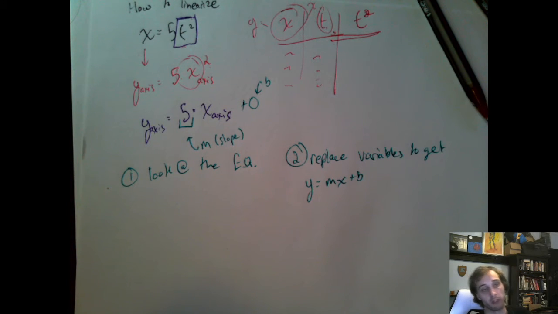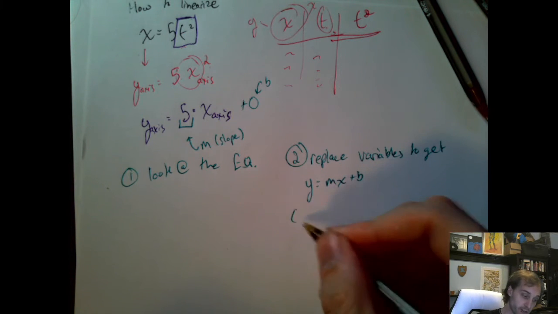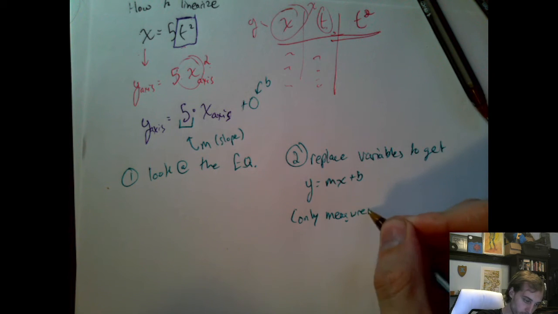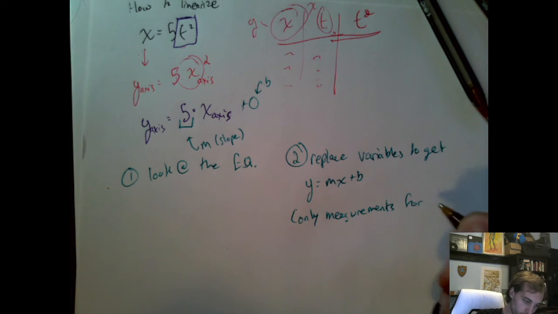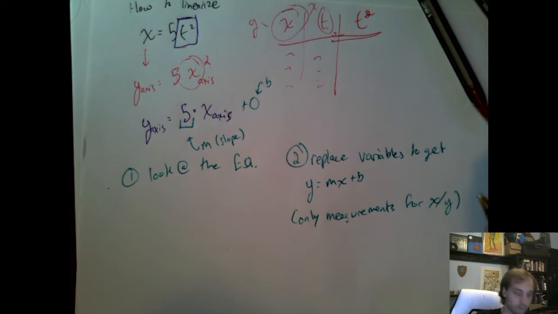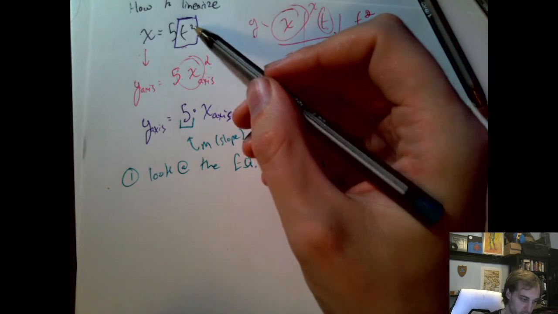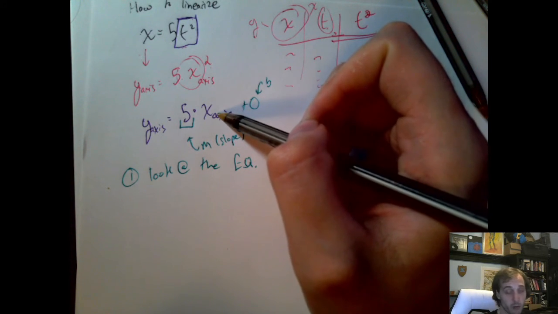In particular, when you're replacing for the y-axis and the x-axis, make sure it's stuff you've measured. So like in this case, when I'm looking at it, I'm like, okay, well, t squared needs to be replaced with the x-axis so I can get rid of that squared.